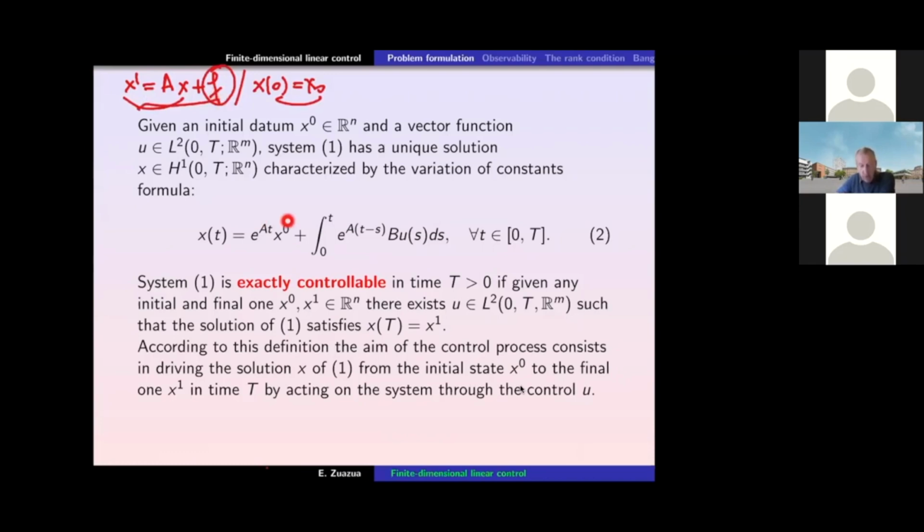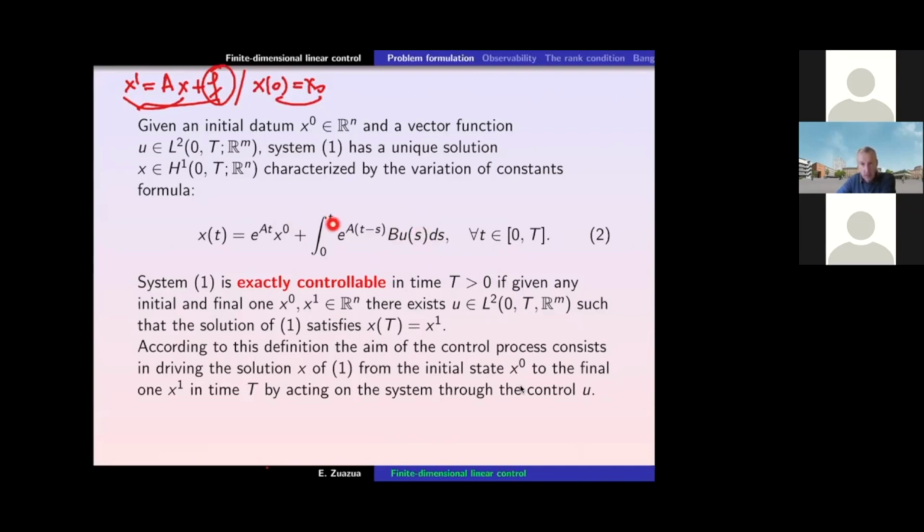the solution of the free system. This is just the solution of the system when F is equal to 0, in the absence of any applied force, taking the initial datum x0, plus the solution of the system taking the control F, in our practical application BU, under this integral sign.